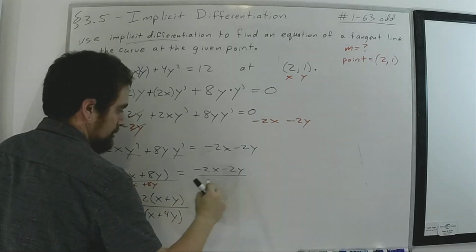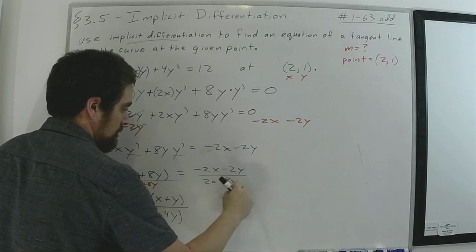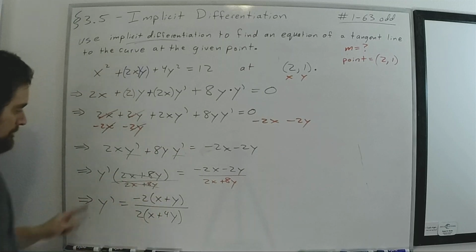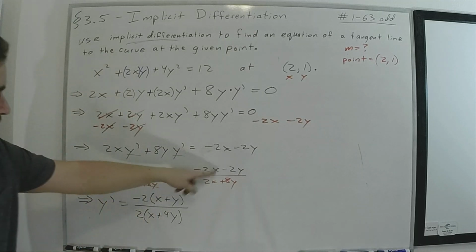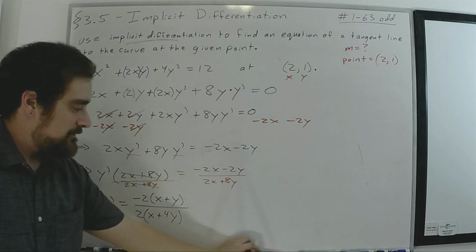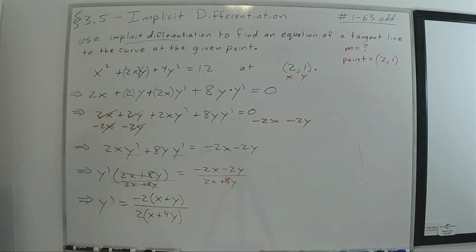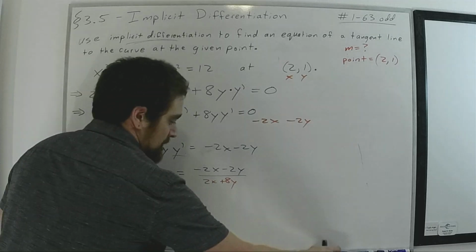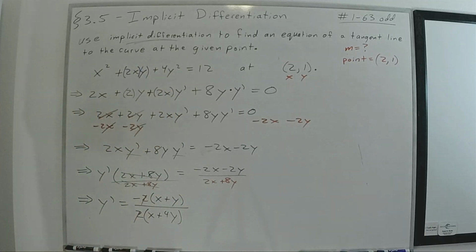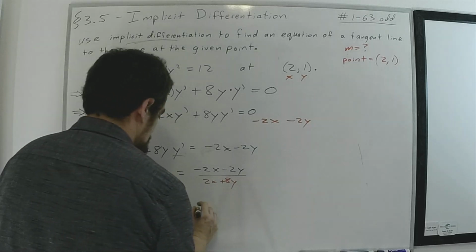That's what I'm doing. And cancel that with that. There's y prime. And then I'm just simply factoring out 2 from the denominator and negative 2 from the numerator, so that then I can make one last final cleanup by making my calculations a little smaller. So here we go.